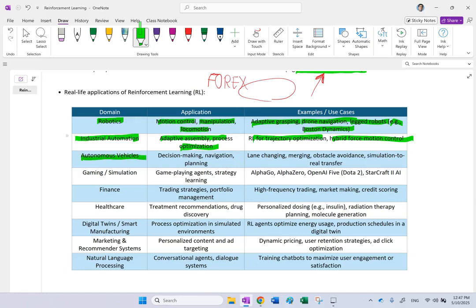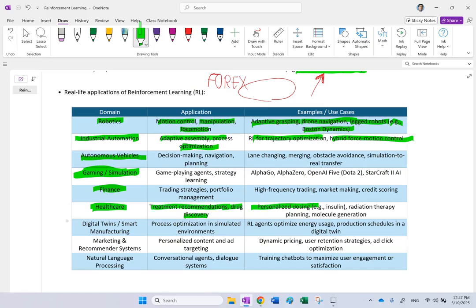In autonomous vehicles, it is used quite a lot. Then in gaming and simulation, that's one of the biggest plays for it, okay? That's one of the absolute biggest plays for it. You can see reinforcement learning is used in finance, and it is used a lot in healthcare, okay? Even for treatment recommendations and drug discovery, for personalized dosing and so on.